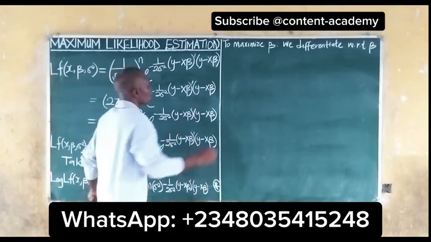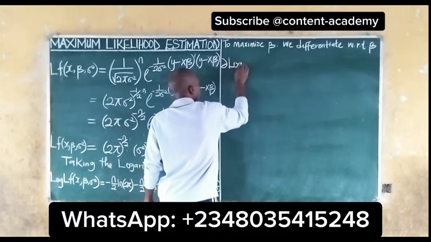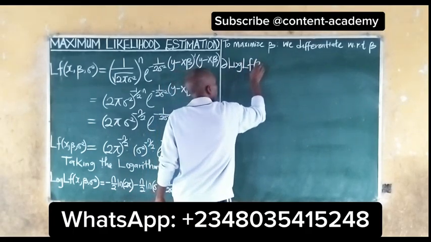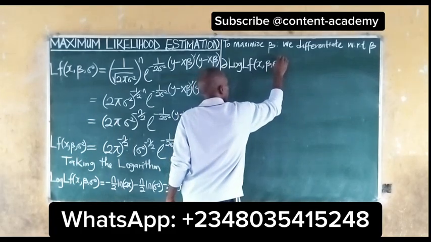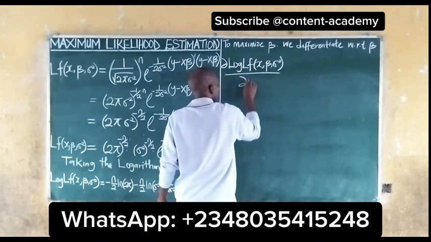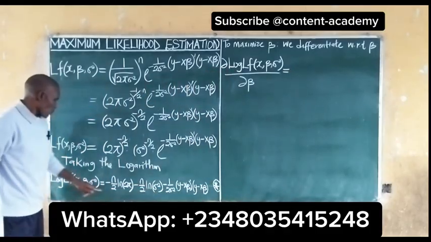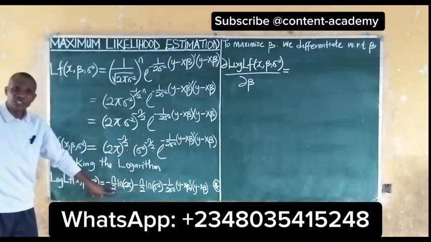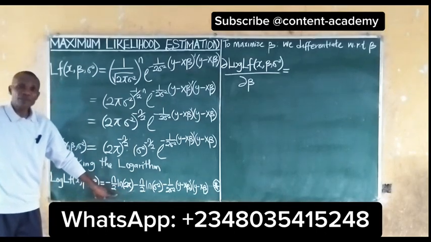Now to differentiate, we have the differential of the log likelihood function of x, beta, sigma squared with respect to beta, which is equal to, now we are differentiating with respect to beta. If you check the whole of this, there is nothing like beta here, so it automatically becomes 0.